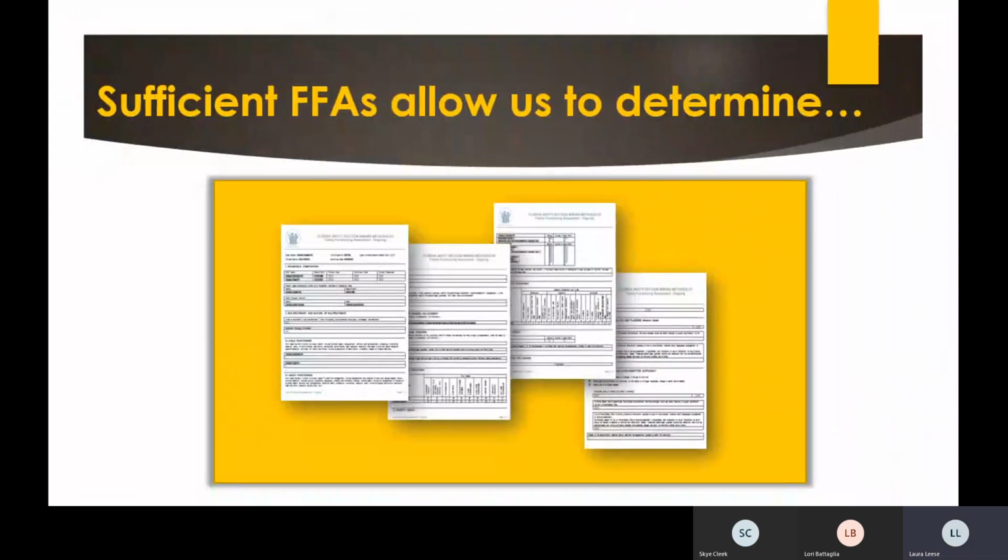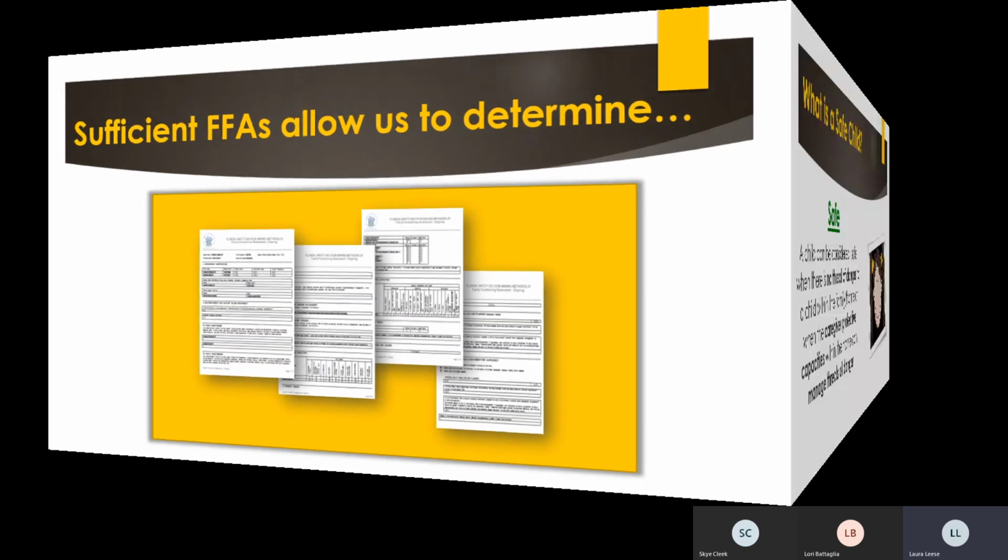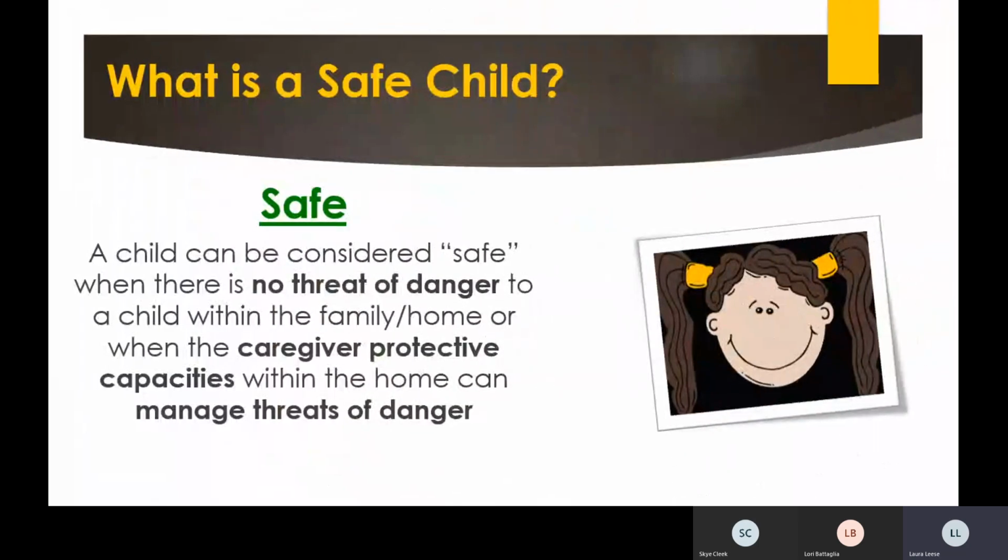Okay, so as I mentioned before, when we've gathered all of this information, the danger threats, the information collection, and the determination of what their protective capacities are underneath their domains, as well as scaling it, that leads us to identify whether we have sufficient information to determine whether the child is safe or unsafe.